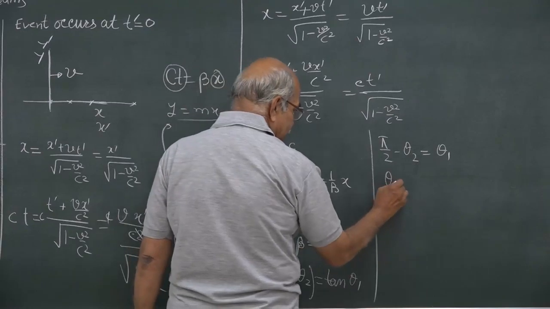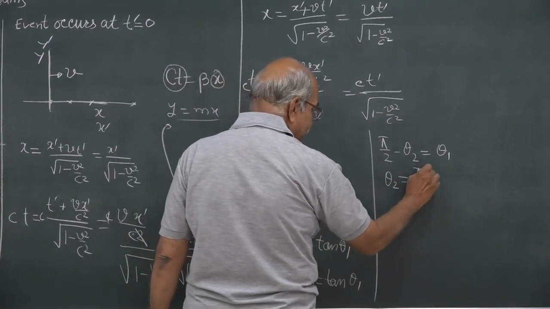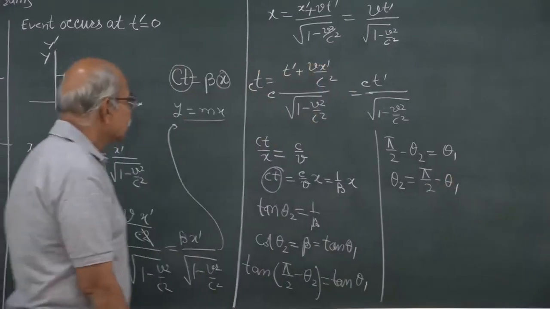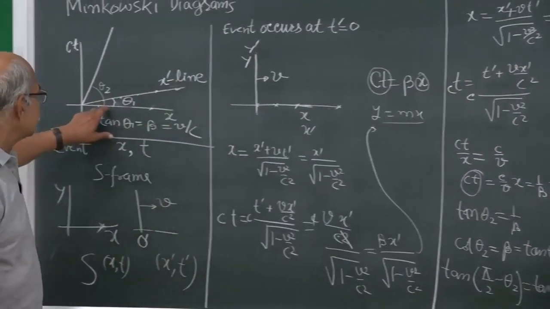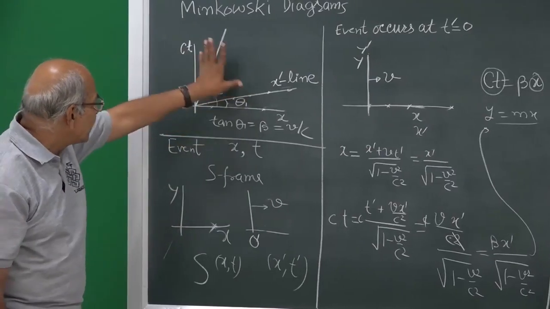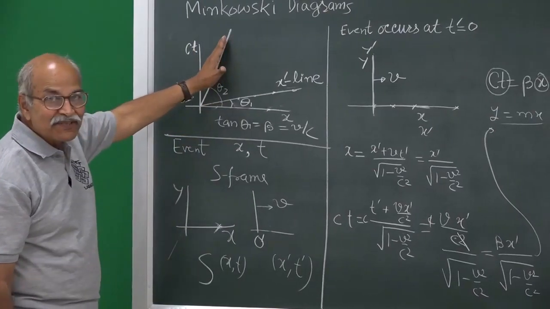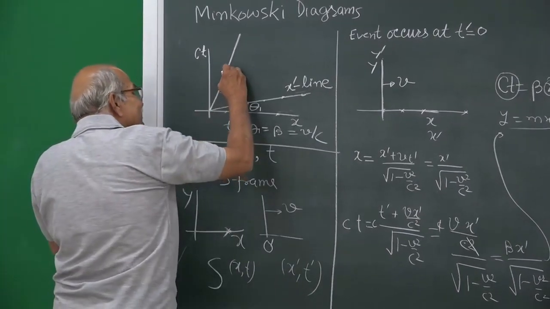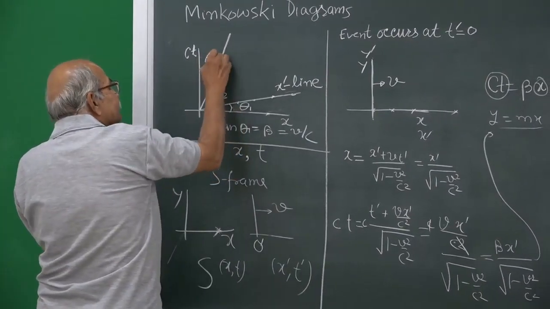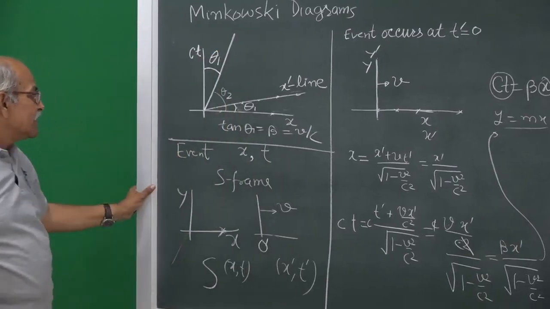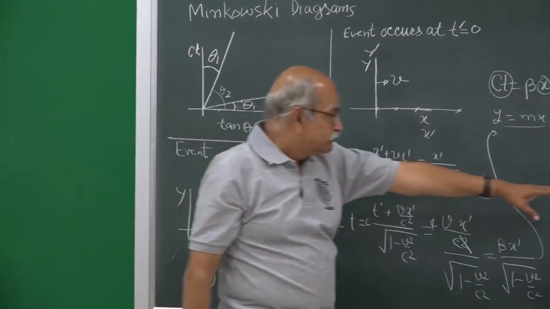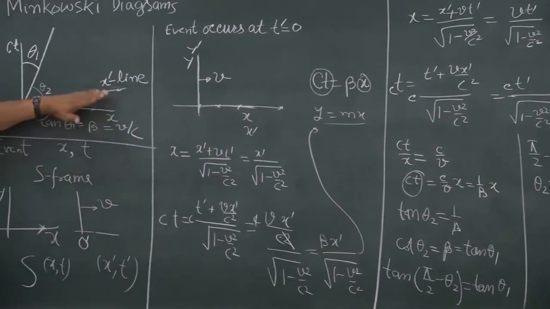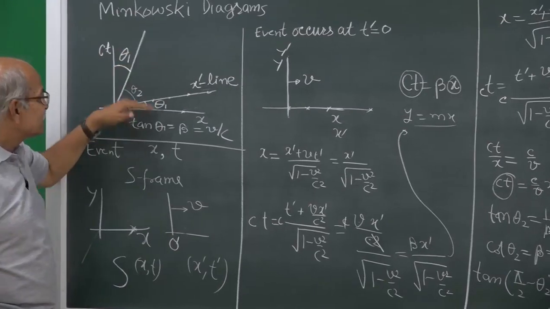So, theta 2 is pi by 2 minus theta 1. Okay. So, this theta 2 is this whole pi by 2 minus theta 1. What does that mean? That means this angle is theta 1, right. Theta 2 is pi by 2 minus theta 1.